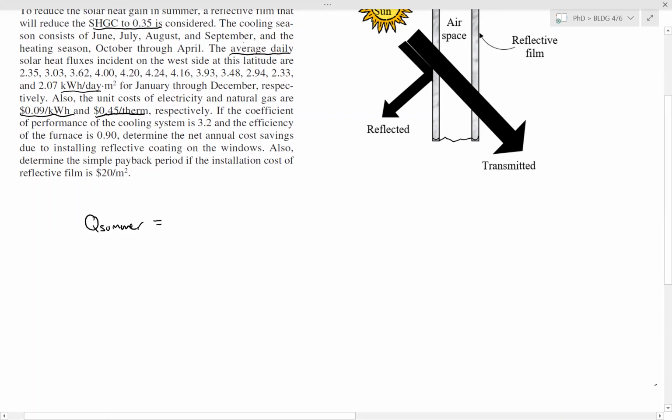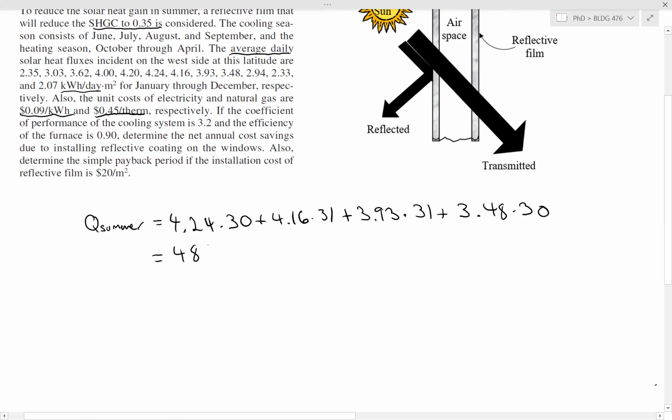So we're going to take June, July, August, and September, 4.24 times how many days are in that month, 6 times 31. And this is 482 kilowatt hours per year.